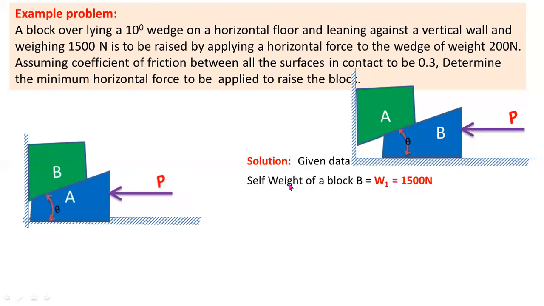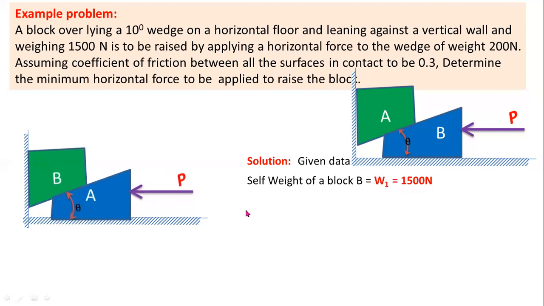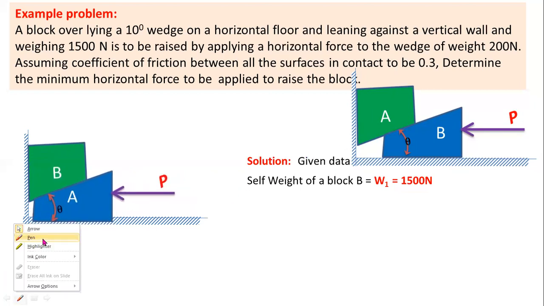The given values are the self weights of block A and block B. This one is B and this one is A. So the self weight of block B equal to 1500 newtons, and the self weight of the wedge is 200 newtons.